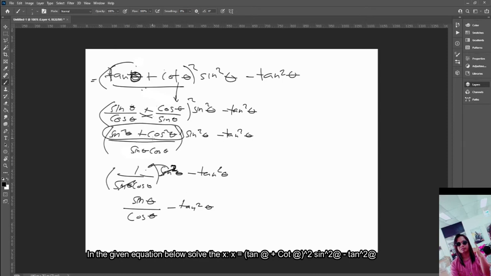Let me check here. Cosine plus sine. This is 1. We multiply this, cancel this one here. There is another one remaining, where it says sine over cosine.